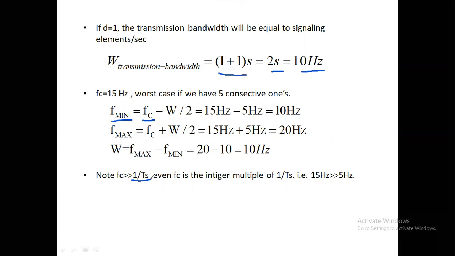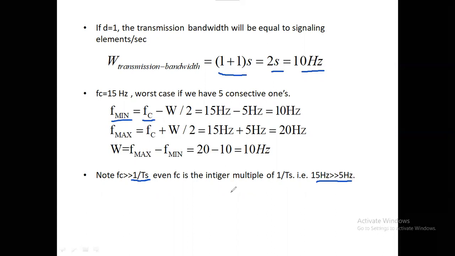So in our case, the symbol duration is 1 by 5. So here, 1 by Ts is equal to 5 hertz. So this 15 hertz center frequency is much greater than 5 hertz, which is the baud rate of the system.